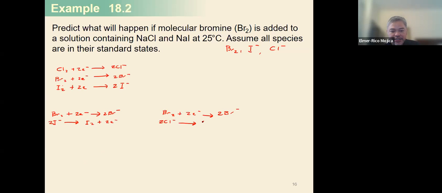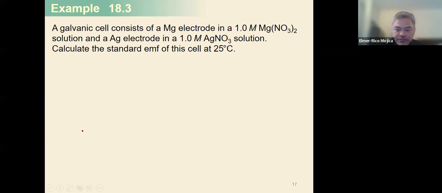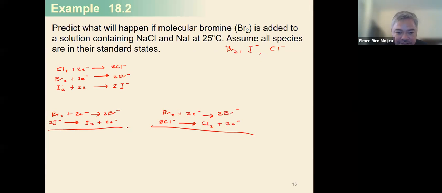Now the question, why are these the only 2 reactions that can happen? Anyone? Because those are the species that are present in the solution. So the reaction should have your bromine on the reactant side and either the iodide or the chloride.